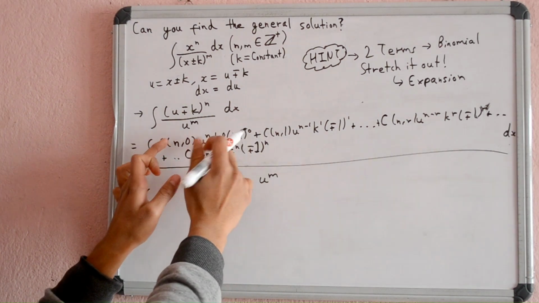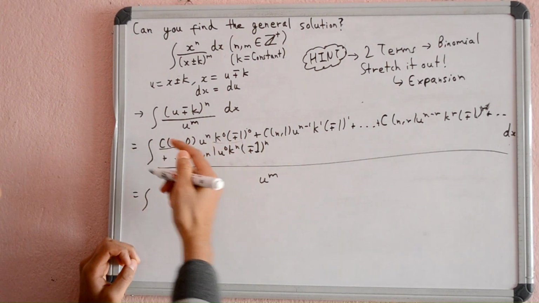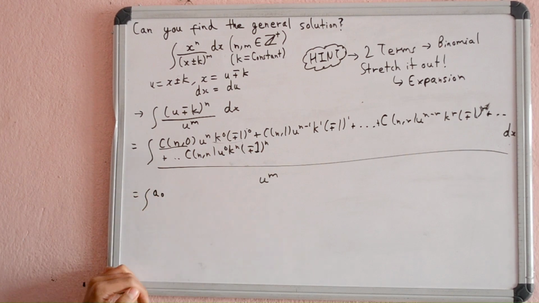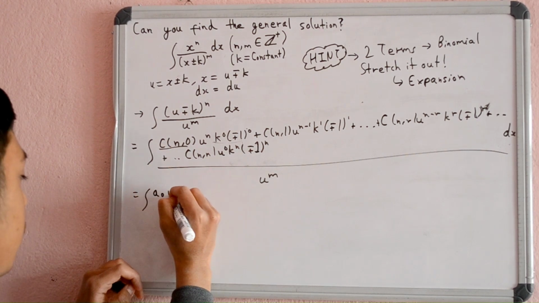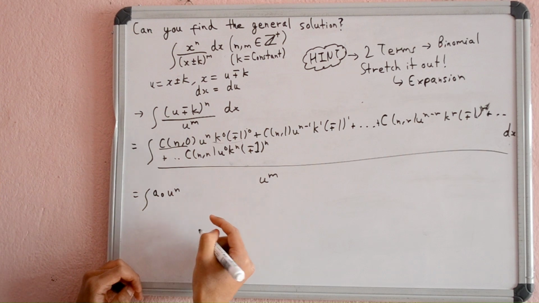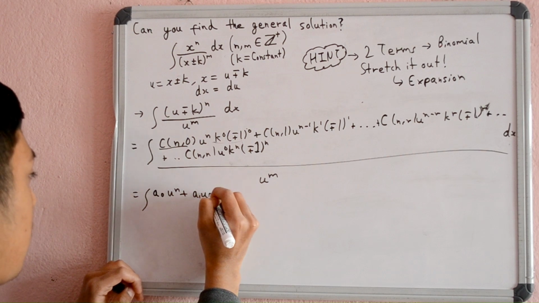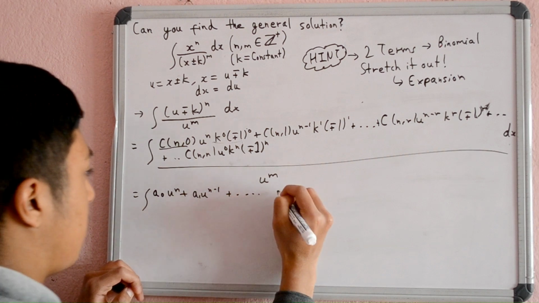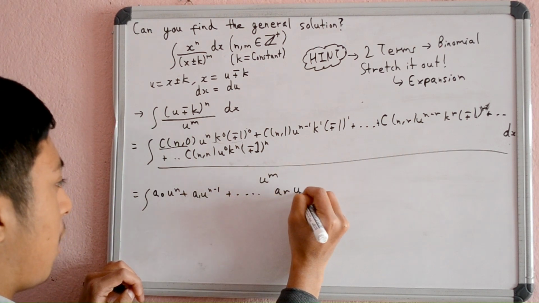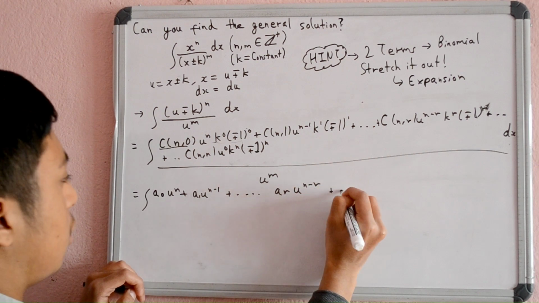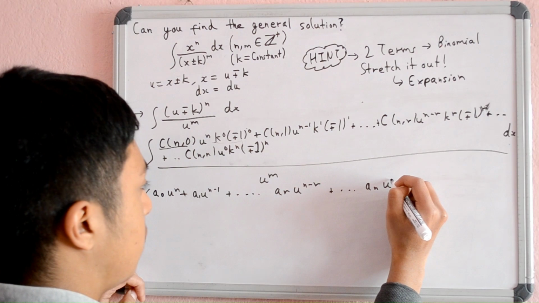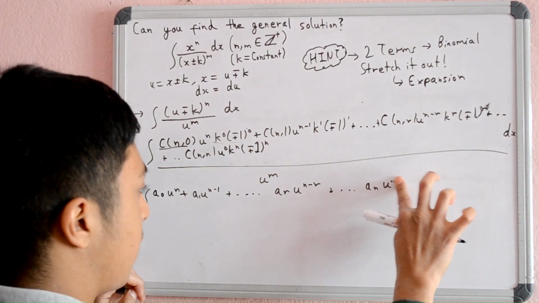Let's say these constants multiply out in every term, and I'm going to represent them as a naught: a0 u to the power n, plus a1 u to the power n minus 1, plus and so on, ar u to the power n minus r, plus all the way to an u to the power n minus n, which is just, we can write that 0.